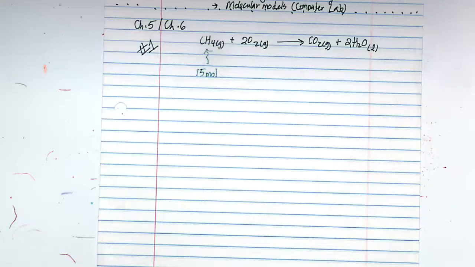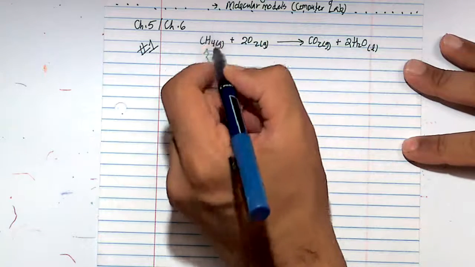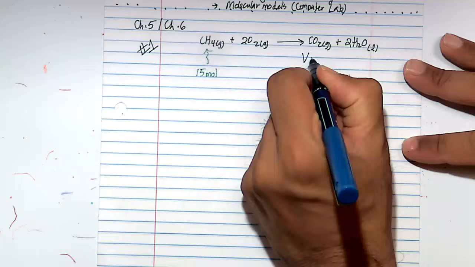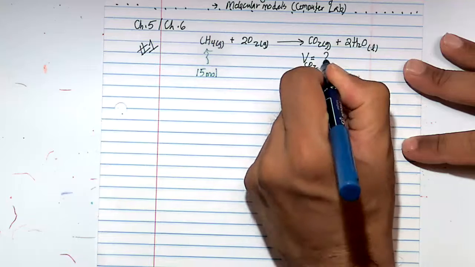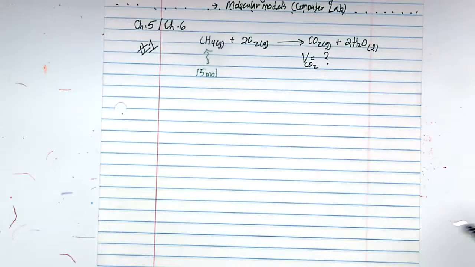This is a type of problem you'll get. 15 moles of CH4. And then the problem asks you what is the volume of CO2 gas that you get from this reaction, starting out with 15 moles of CH4.